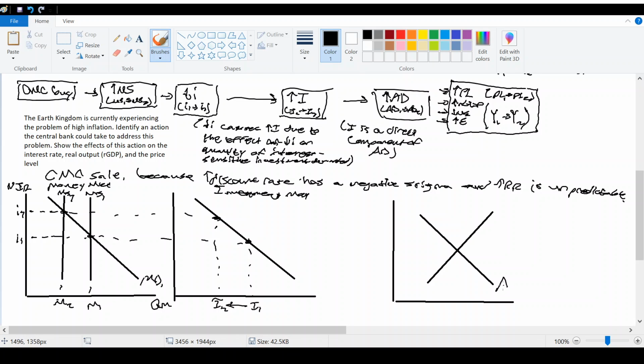And that means on this graph over here, that AD decreases instead of increases to AD2. Our GDP goes down, employment goes down, and what we're doing here is resolving the problem of inflation by decreasing our GDP and our price level.